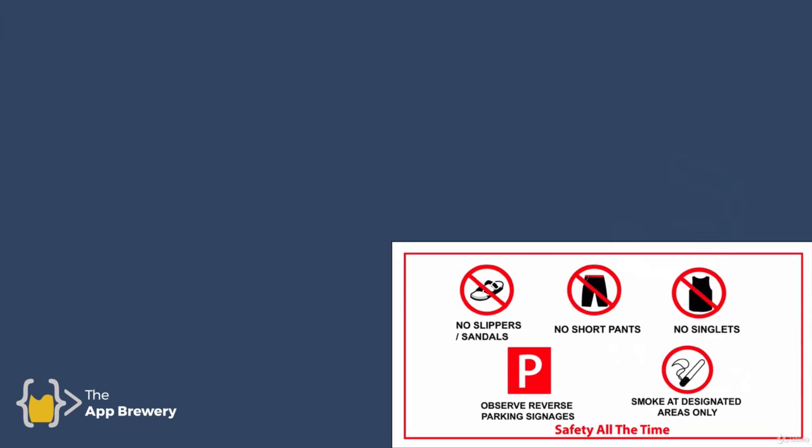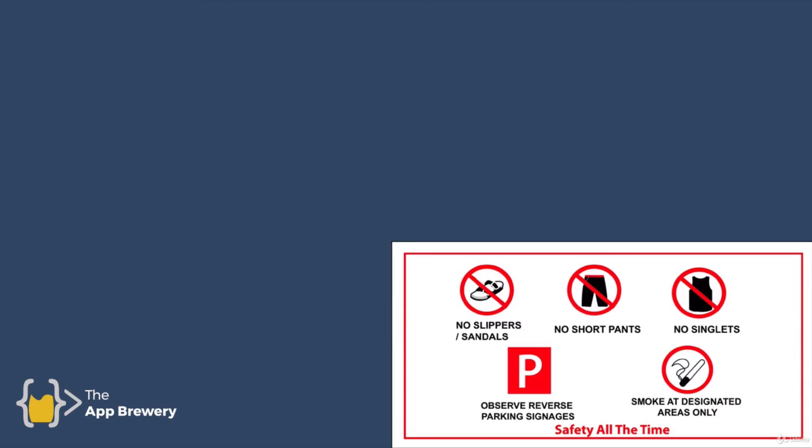So how exactly do we make our API RESTful? Well, there's a lot of rules that an API has to follow to be RESTful. And just as you have rules that you might follow at your workplace or your school, you might have a uniform, no shorts, no singlets, don't smoke in the building. You also have a whole bunch of rules for making an API RESTful.